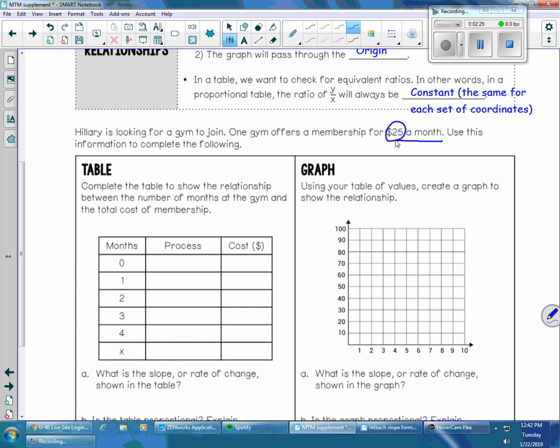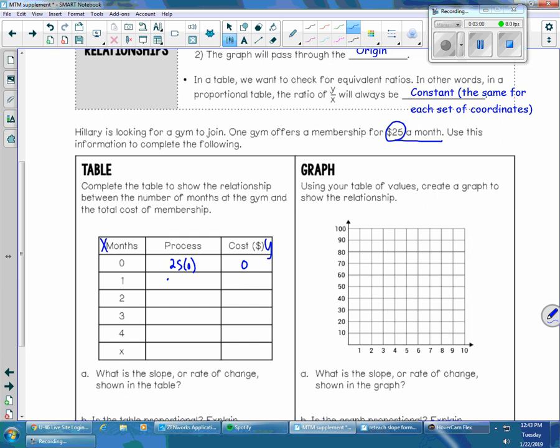So we have to decide which is our x and which is our y, which is independent of the other. Now the number of months that Hillary is going to the gym is going to be independent of the cost. The cost is going to depend on the number of months because we're paying $25 per month. For example, if I've got 25, because that's what it costs per month, times 0 months, I'm out 0 money.